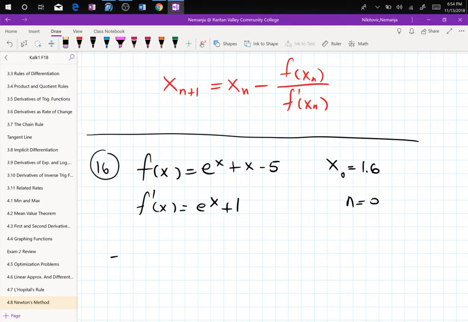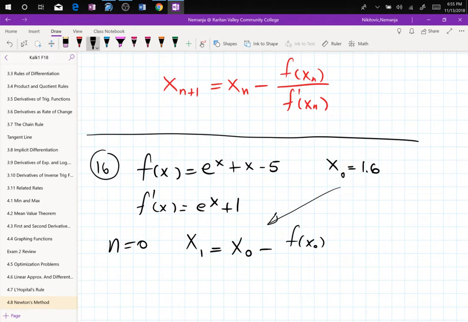Oh wait, we compute for n equals 0 first. Sorry. So when n equals 0, you get x1 is equal to x0, which we have, minus f of x0 divided by the derivative computed at x0. So your job is to plug these values in.